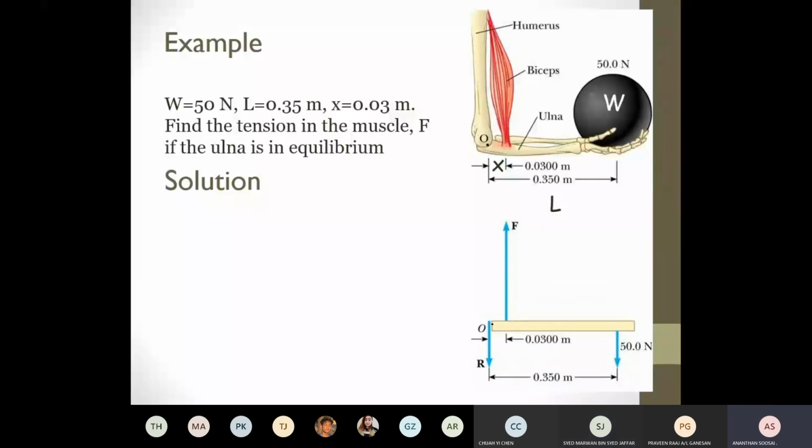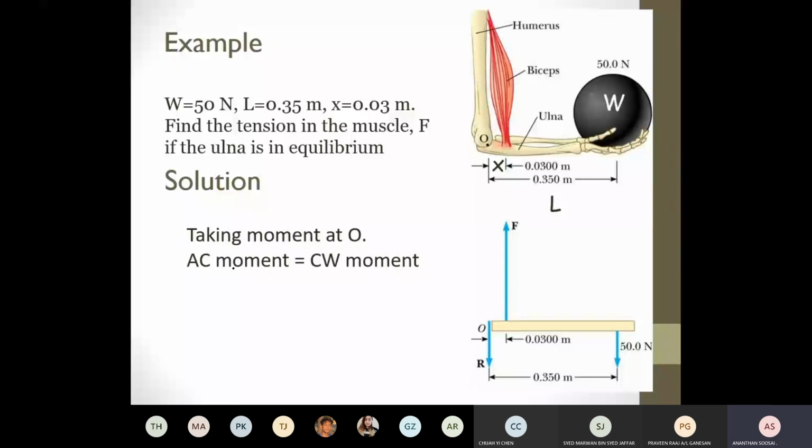You have the force at the pivot, R, which is unknown. It should act downwards to balance, but we don't know R. The question is looking for F, so you better take moment about the pivot O, so we don't want R to appear.